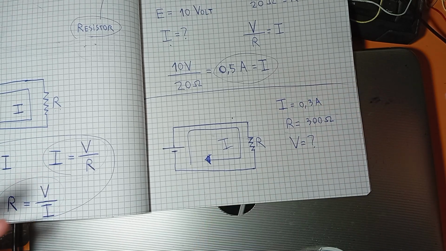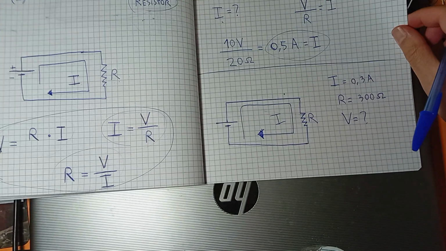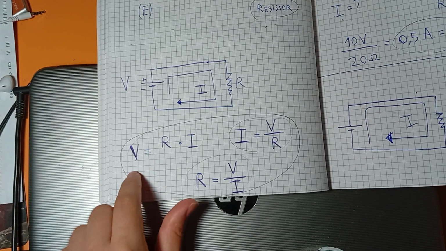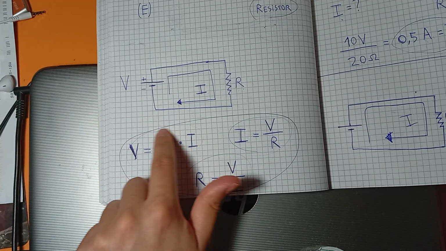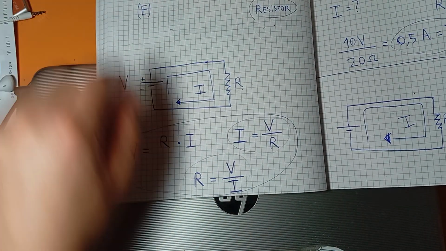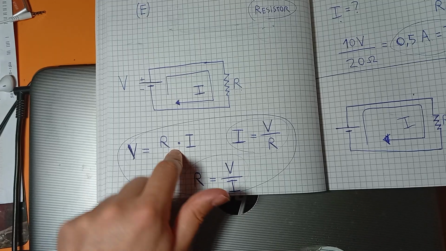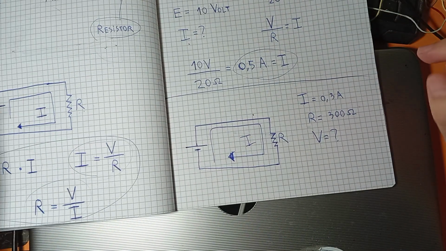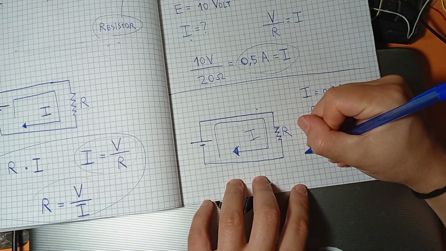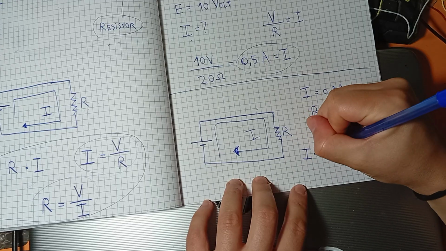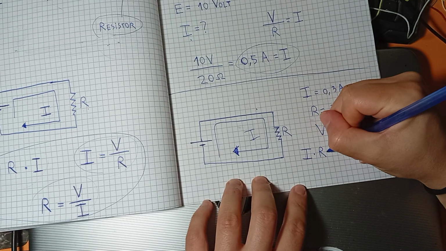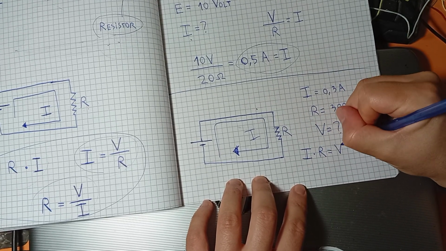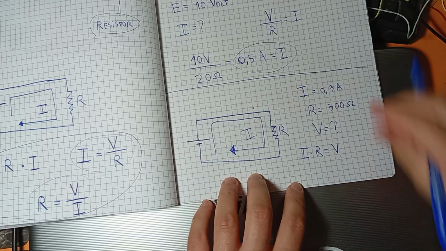How much is the voltage? Well, to find the voltage we just have to use this version of the first Ohm law. So using this version here of the first Ohm law, we'll just do this: current multiplied by resistor will give us the voltage.